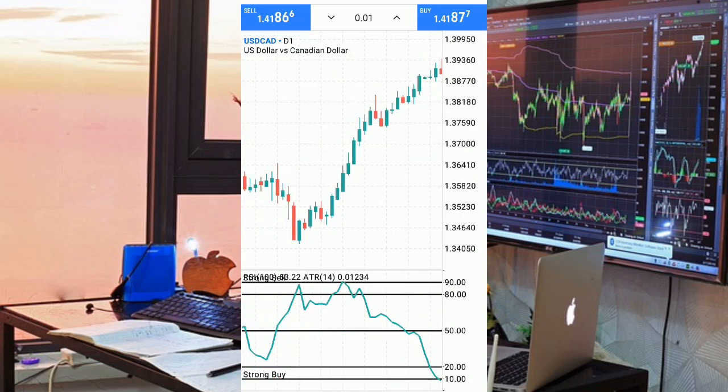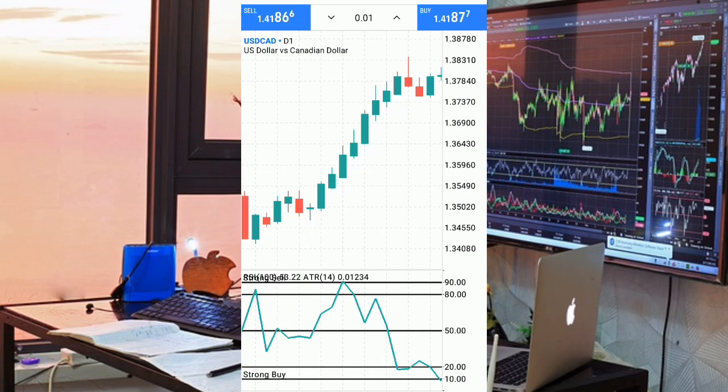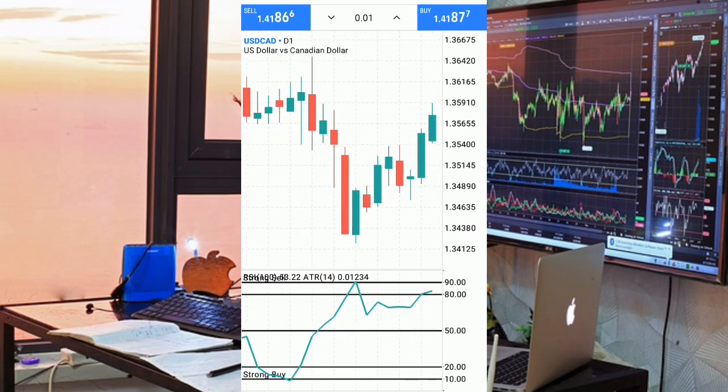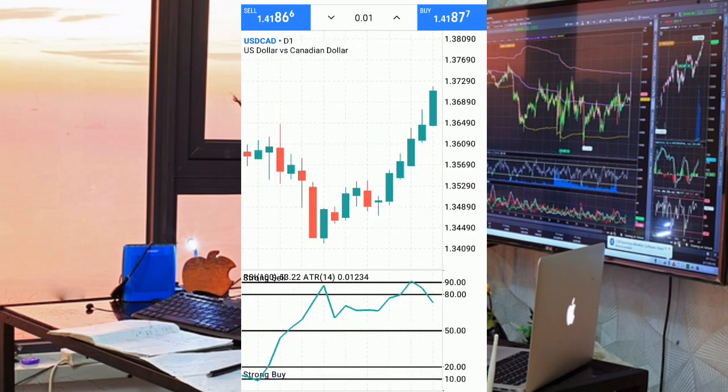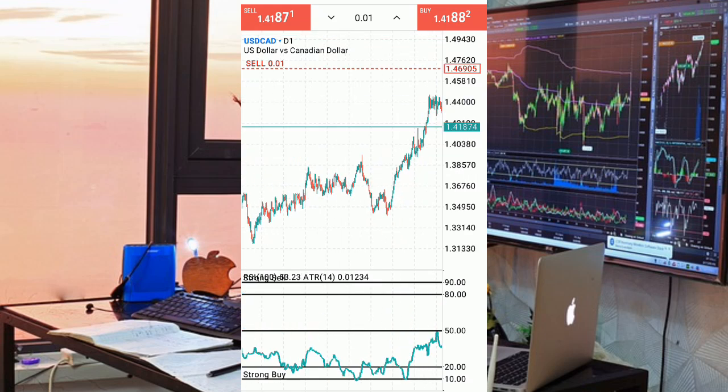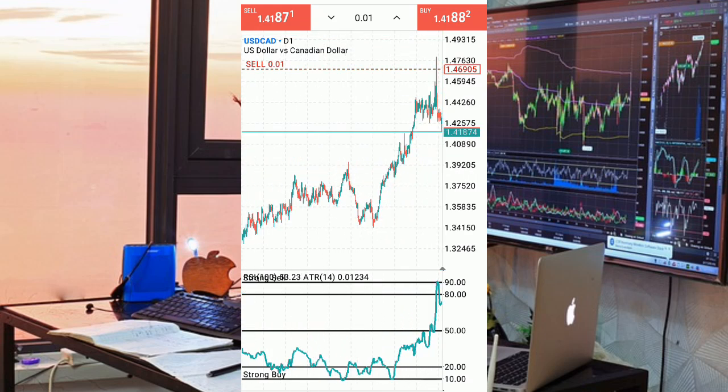Wait for a bullish engulfing candle or consecutive bullish candles. So what do we have over here at this point? If you take a look at this, that is a bullish engulfing candle, and we also have consecutive bullish candles at this point. So if we've got that, it means we are confirmed that the next day's price is going to be going up.